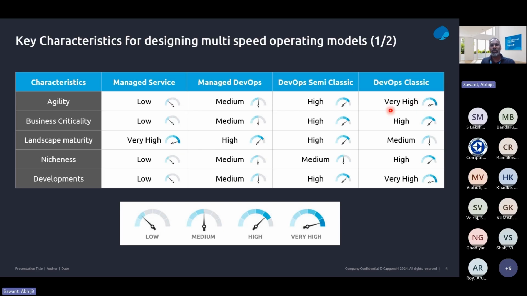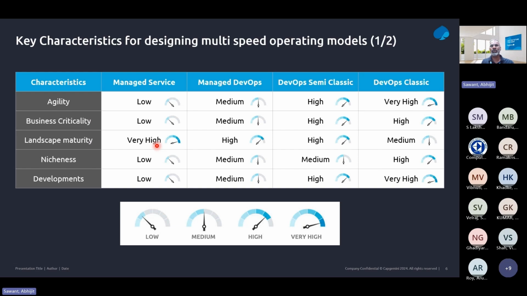But this decision is also in combination with other parameters, like business criticality, which can be low, medium, high. In any of these cases, it may have the lowest weightage in all these characteristics that have been listed here. But landscape maturity, for example, if it is very high, your vendors, suppliers can manage it.